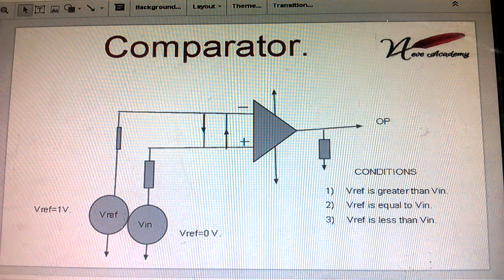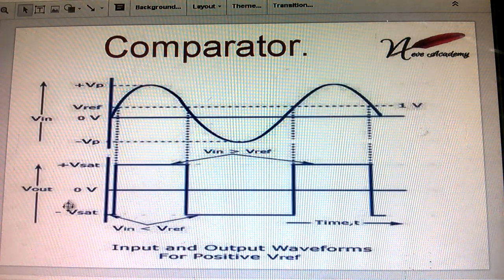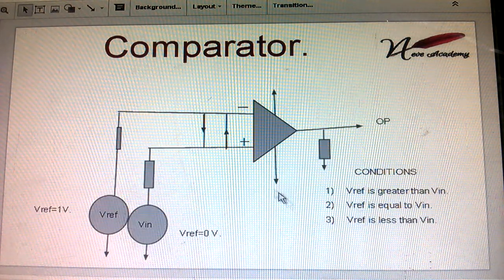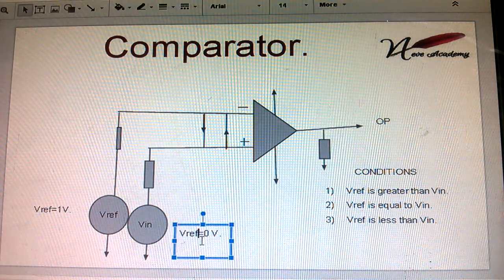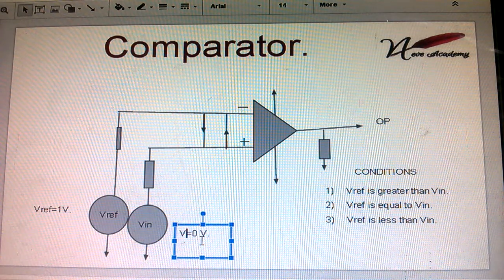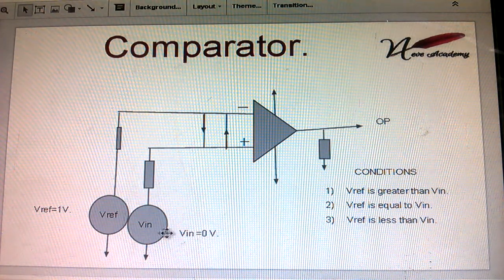As we see in the diagram, the initial condition is that V reference is greater than V in. V in starts from 0 volt and V reference is 1 volt. It means the first condition, V in is less than V reference.